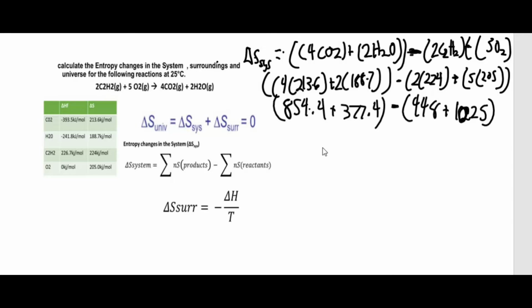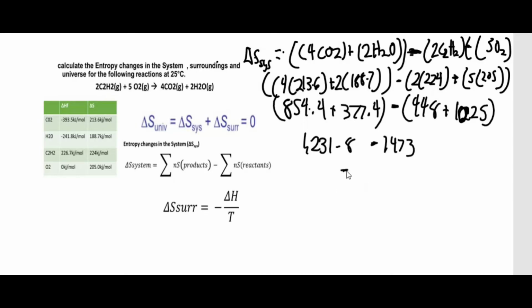Now that we have this, let's add and subtract everything. 854.4 plus 377.4. That's 1231.8, minus 448 plus 1025, minus 1473. So minus 1239.8.